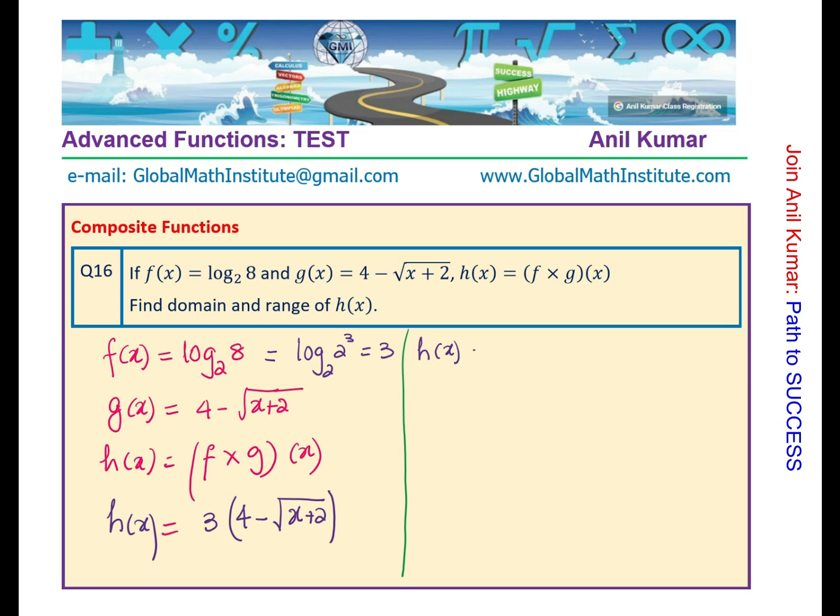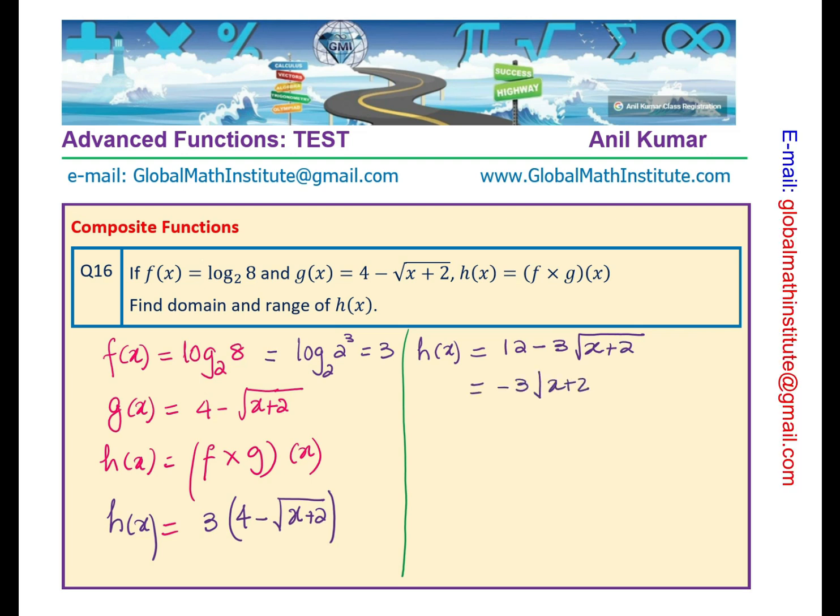Rearrange the terms. Open the brackets. So 12 minus 3 square root of x plus 2. In a more familiar way, we'll write 3 square root of x plus 2 first and then 12. Clear?